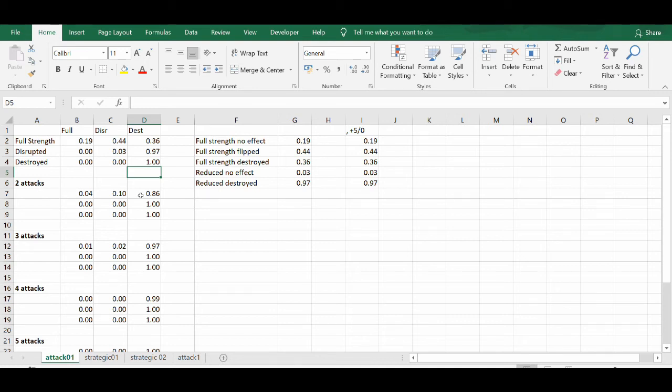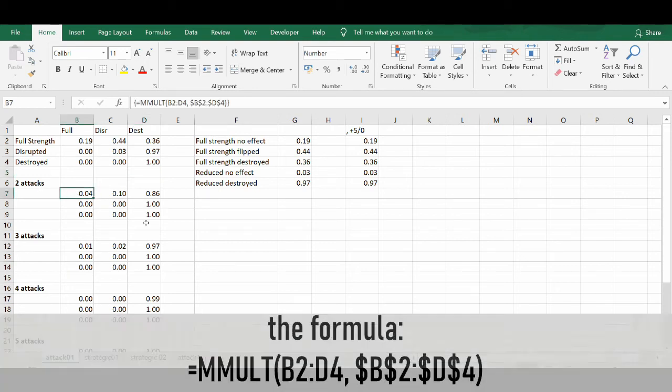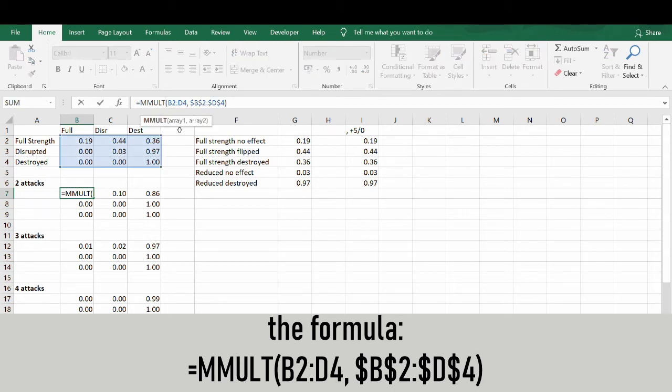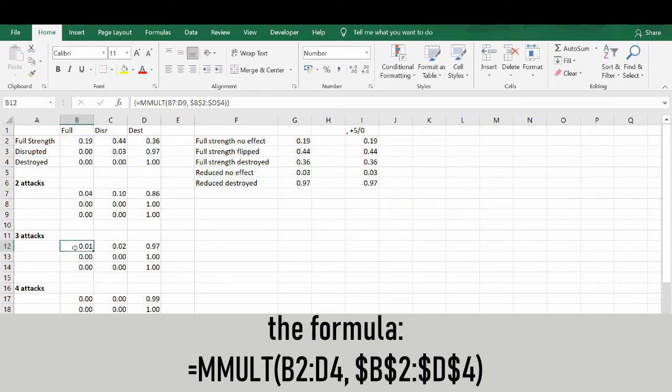So these results here, and I'll come back to how to enter this formula in a moment, but this MMult formula multiplies this array by this array. So if we want to do 2 attacks, we multiply the matrix representing 1 attack by itself.